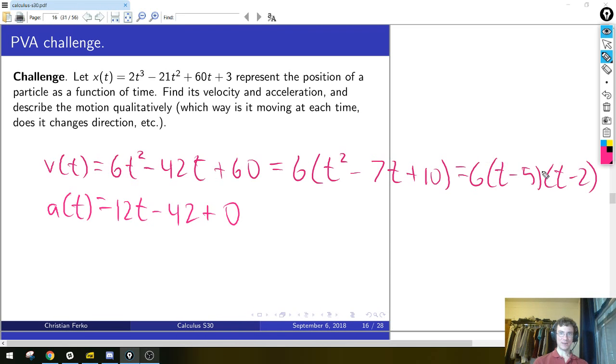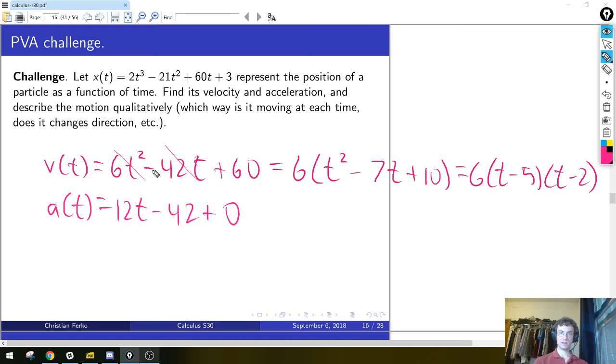Okay, so now we can do some interpretation. We see that the velocity, which is instantaneously the direction that the particle is moving, changes sign at t equals 2 and t equals 5. So at time 0, which is before both of these, if I plug in 0, these terms go away and I'm left with 60.